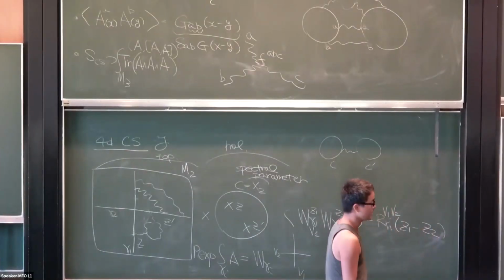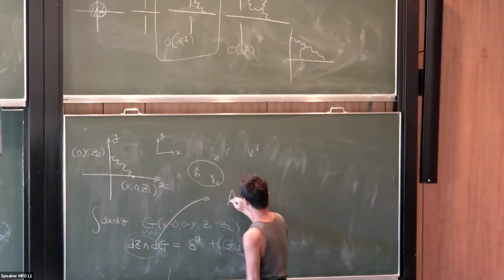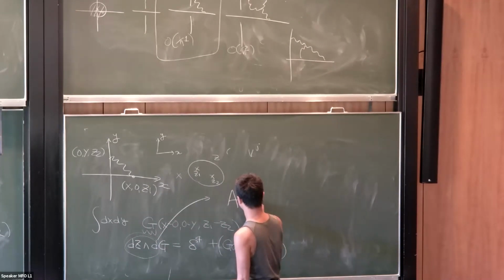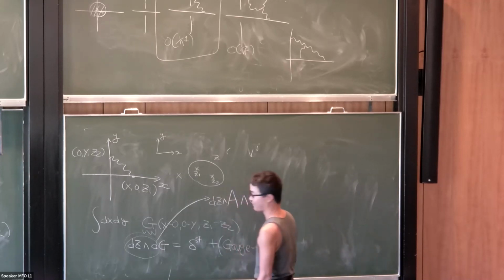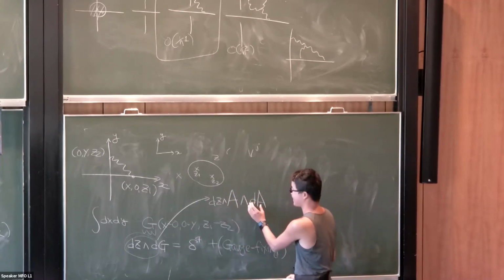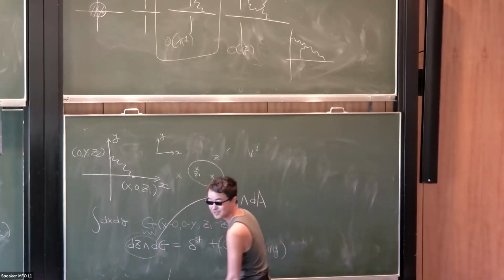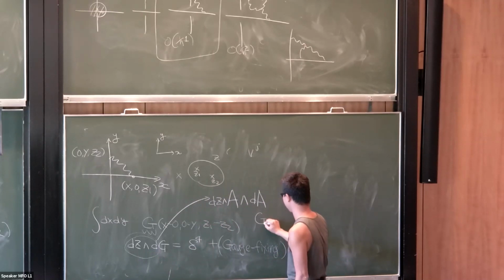This combination appears because the action of the 4D Chern-Simons itself takes the form of A wedge dA wedge dz. I can bring it here, of course, with a dz wedge d operator, and then I've just taken the inverse of that. That's the definition of G, and there is a formula for that.